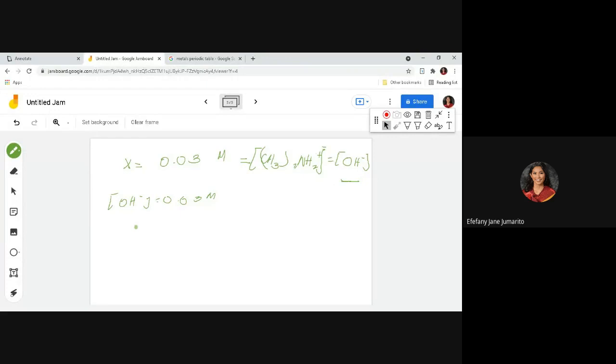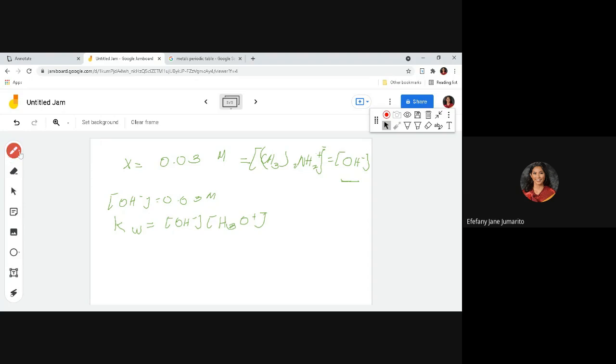So where can we get H3O plus? We use Kw, which is 1.0 times 10 to the negative 14. We know that Kw is equal to the concentration of OH minus times the concentration of H3O plus.